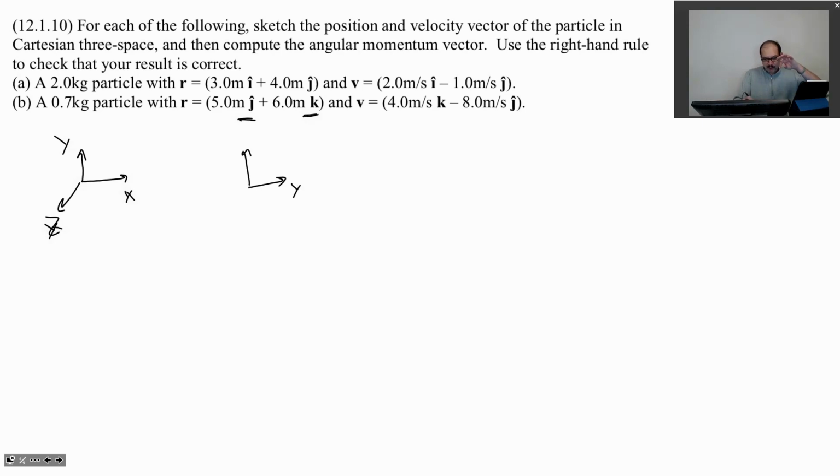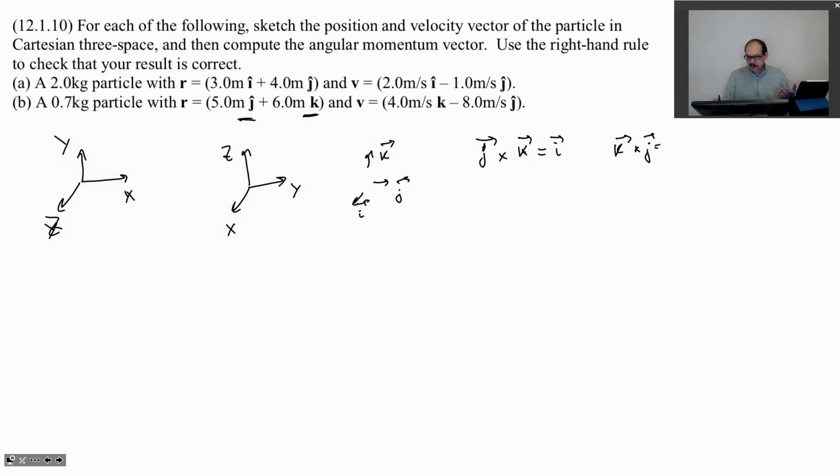That will be y, that will be z, that will be x, or j, k, i, and again you can say j times k will be equal to i, and k times j will be equal to negative i.